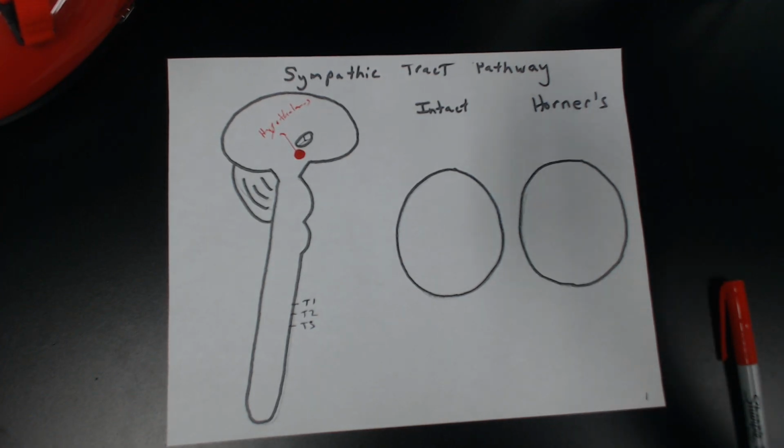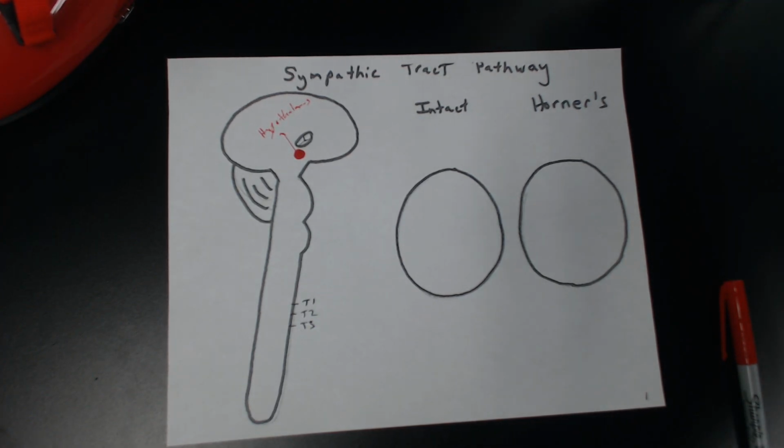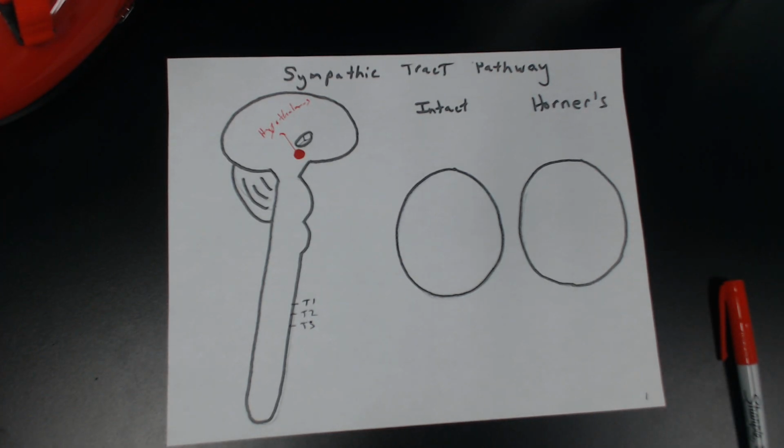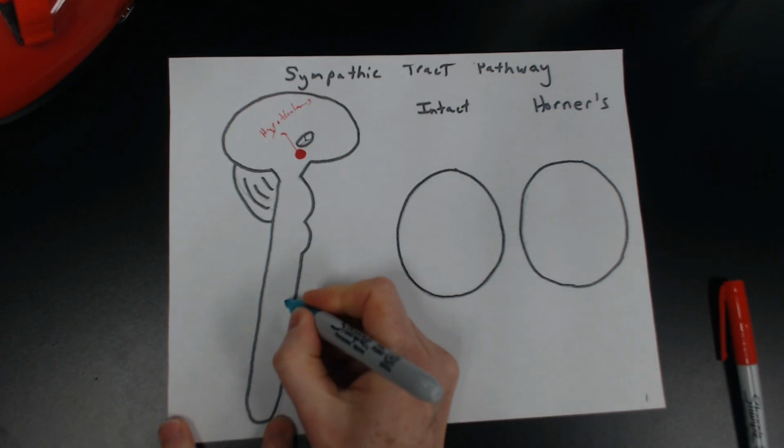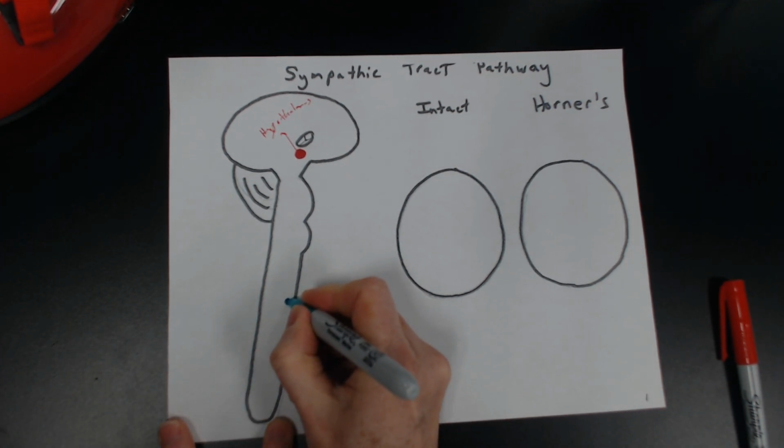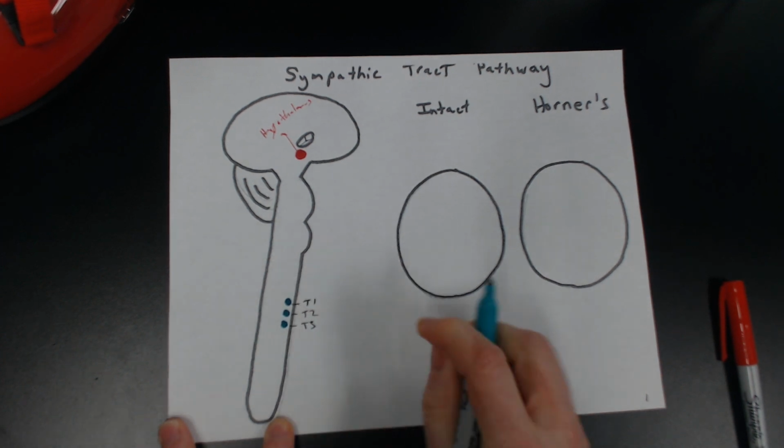Okay. Coming down in the lateral gray horn of T1 through T3, there exist neuronal cell bodies. They're going to be involved in this pathway.